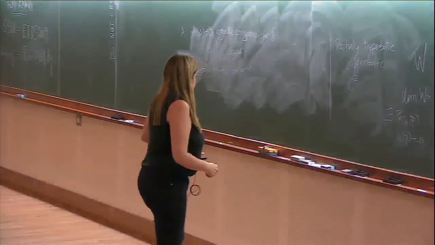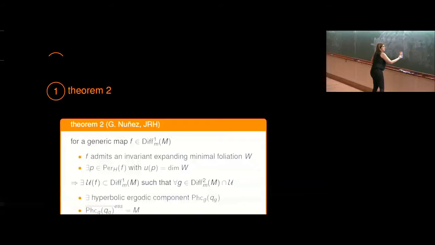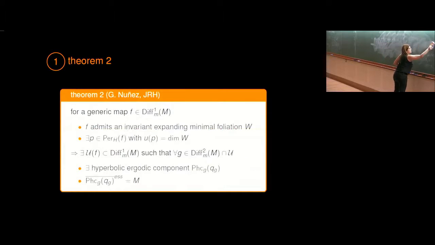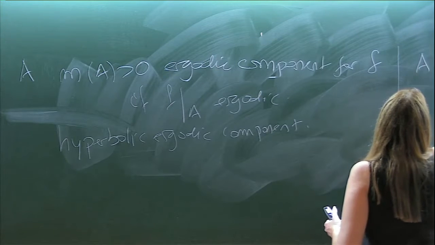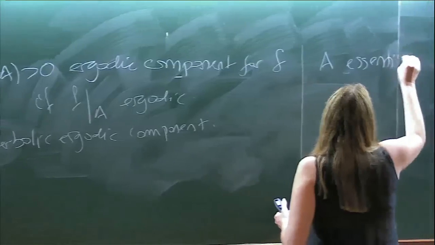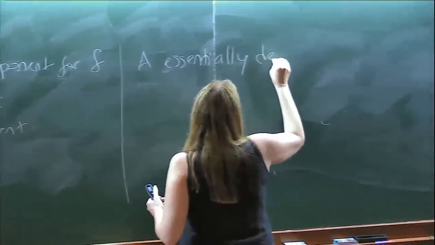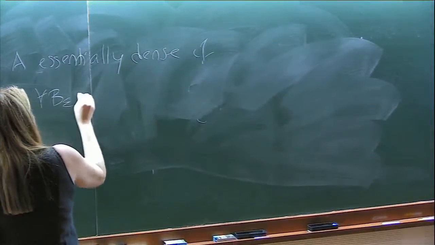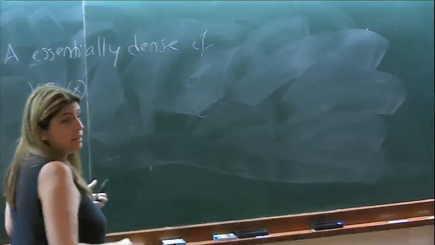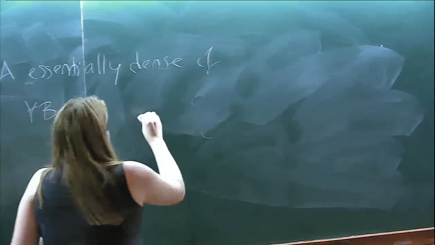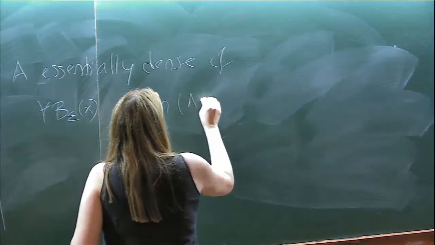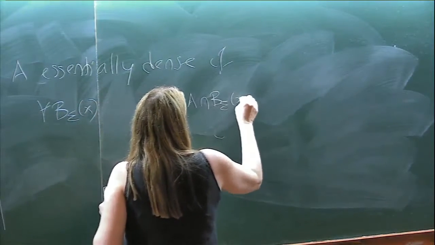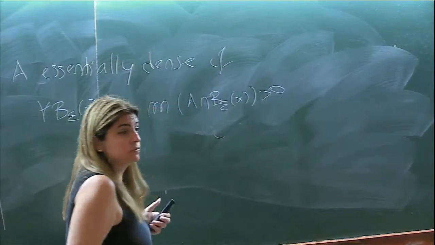Well, I have to say what is essentially dense. Essentially dense, or the essential closure is all, is the same. So A is essentially dense if for every ball in the manifold, the measure of A intersection the ball is positive.